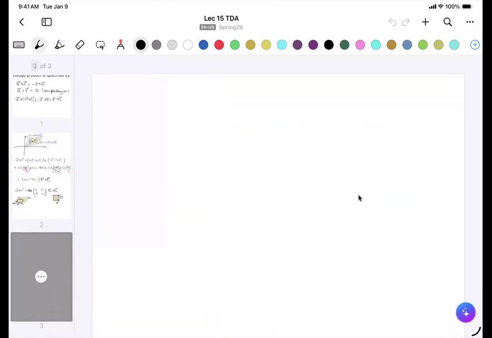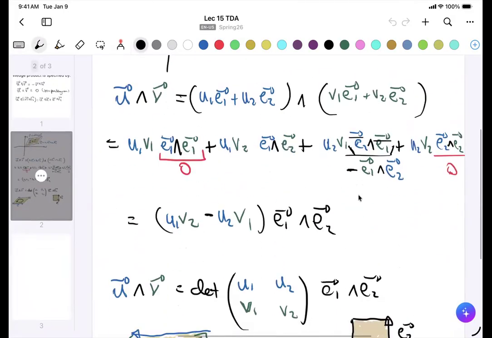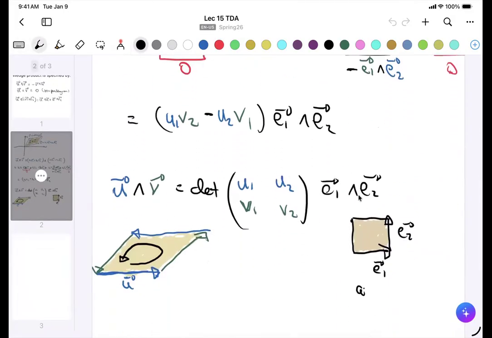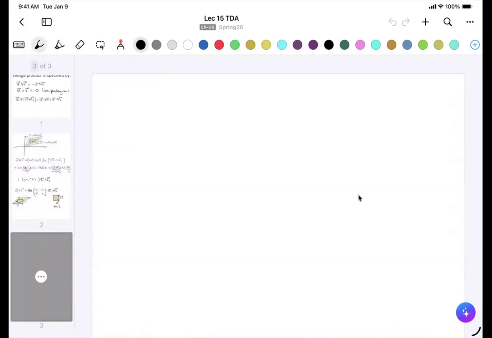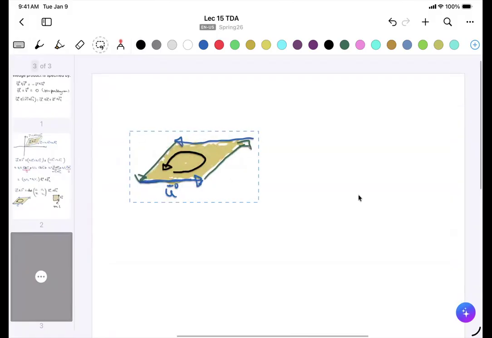So what that means is it does have an interpretation. The unit square obviously has area 1, right? Let's say that the parallelogram determined by U and V had area 3.